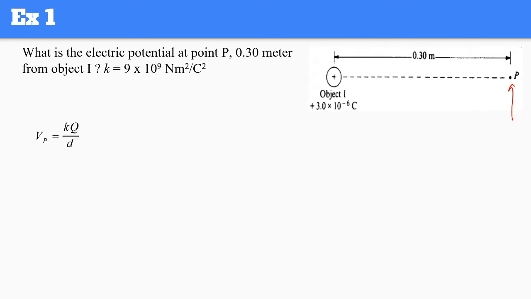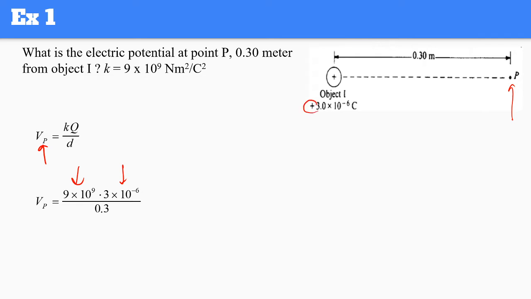So we basically use the subscript P, representing that we are looking at the potential at point P, and we use the equation straightforwardly. It's kq over distance, and we just plug in the numbers. K is given as 9 times 10 to the power of 9. Charge of the object that we have is 3 times 10 to the power of negative 6.